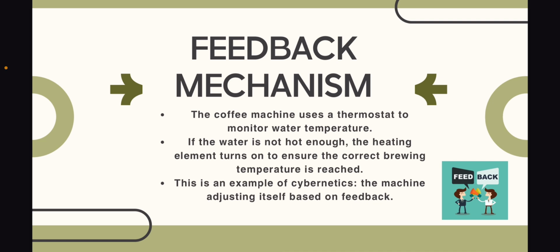What is cybernetics? Cybernetics is about the control and regulation of any kind of system, and that's why the machine adjusts itself based on feedback. Systems are viewed as goal-oriented.